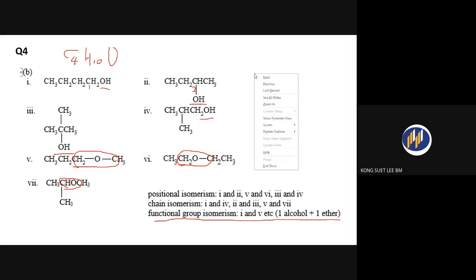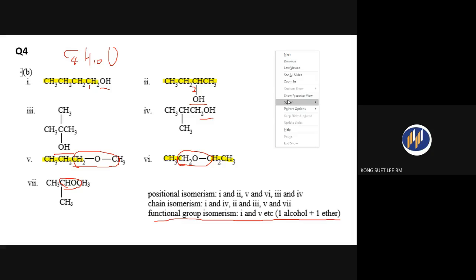The chain is still the same. Okay. You have to remember for the positional isomer, the chain is the same. Okay, 5, 5, 6, 5. Okay, 5 like this. The chain is like this. And then this one, the chain also straight chain, but the position of the functional group changes already.